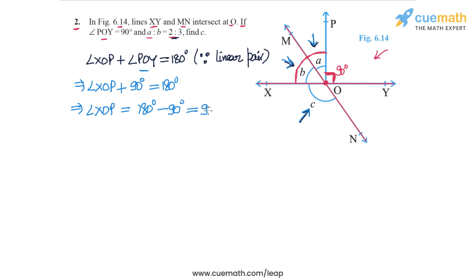So we get this interesting conclusion that angle XOP is 90 degrees, but angle XOP is nothing but the sum of A and B. So let me highlight it using a darker color. So this angle A plus this angle B, the sum of these two angles is angle XOP, and this means that A plus B is equal to 90 degrees.